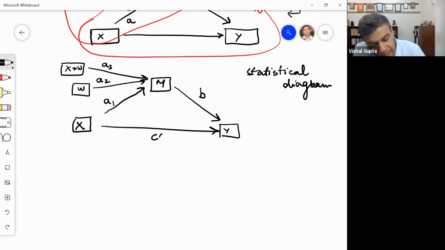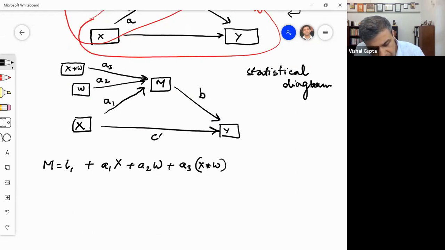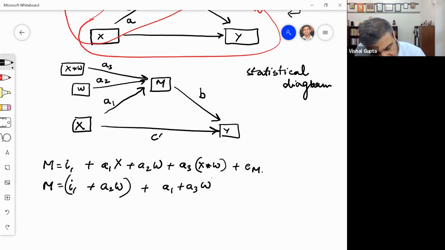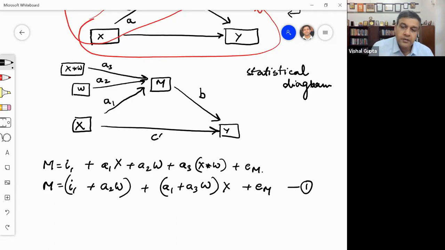Now, if I write my equations here, what will I say? M is equal to I1, some constant, plus A1X, plus A2W, plus A3X into W, plus the residual E of M. I can simplify this and say M is equal to I1 plus A2W plus (A1 plus A3W) multiplied with X, plus E of M. This becomes my first equation.